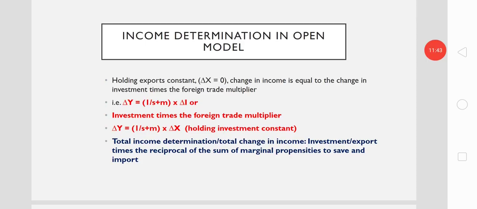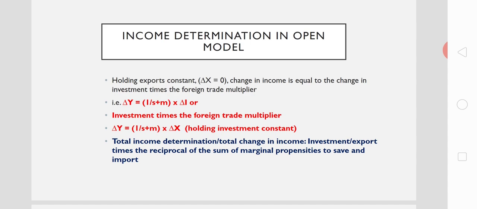Having said that, there are two possibilities of income determination in an open economy model. First, when exports are assumed to be constant, or ΔX is equal to 0, that means there is zero change in export.